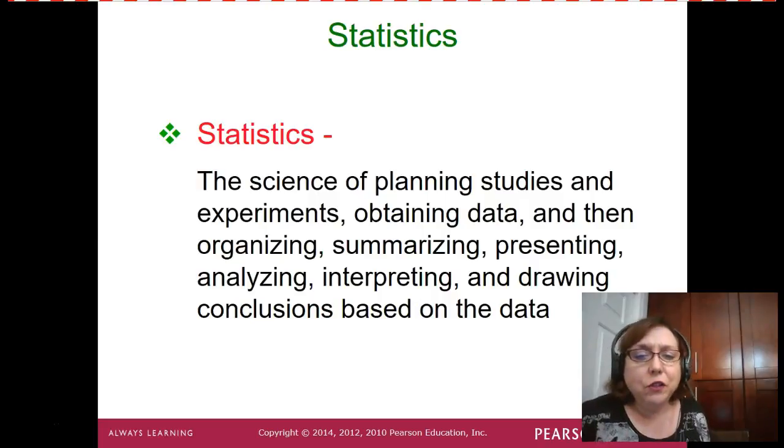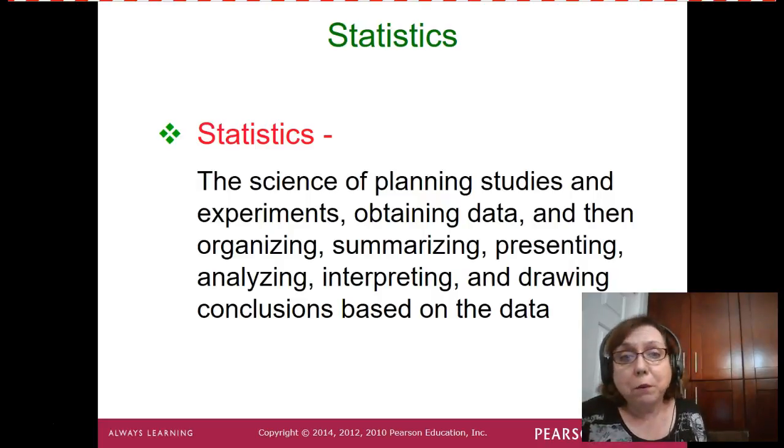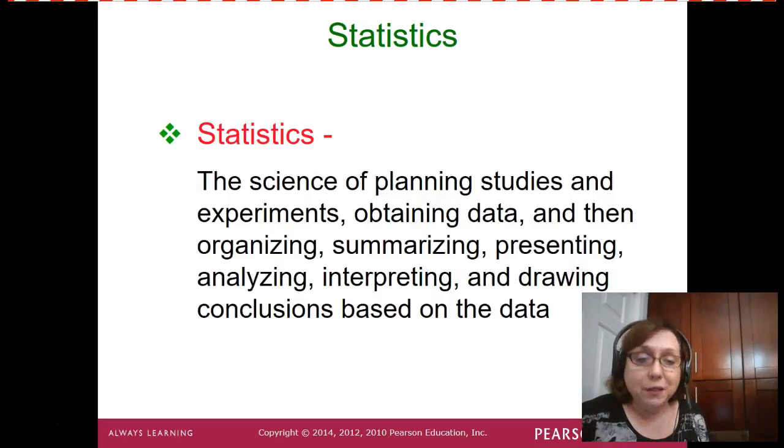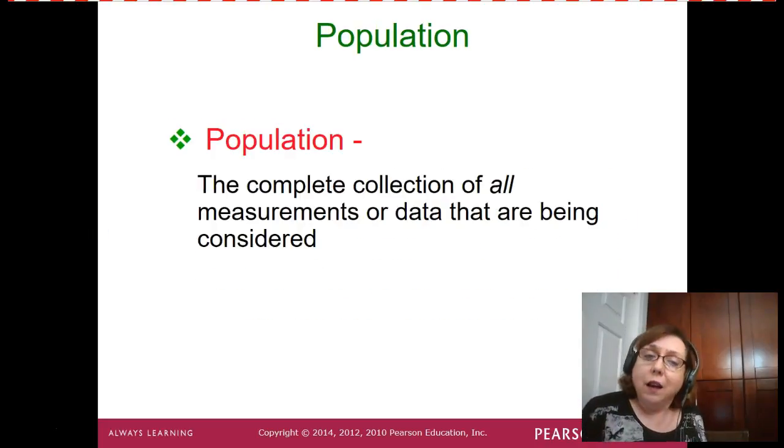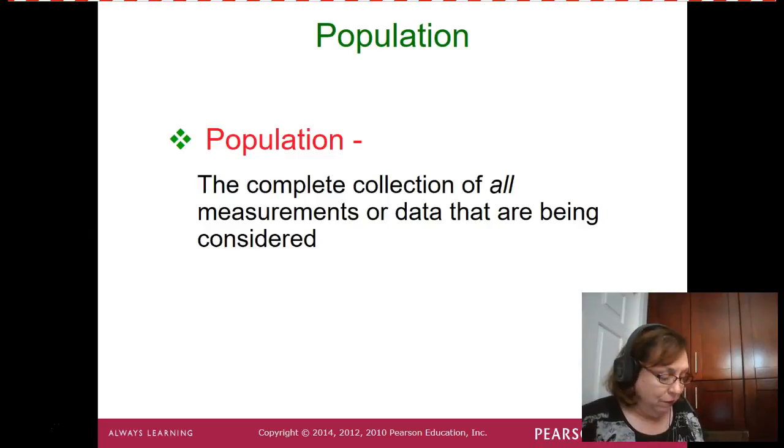Statistics is what you do to, first of all, gather data, you obtain it, you plan your studies, you then figure out what to do with the data to come up with conclusions, again, about a population. So we do statistics using samples, sample statistics. The population is that bigger group I referred to earlier.